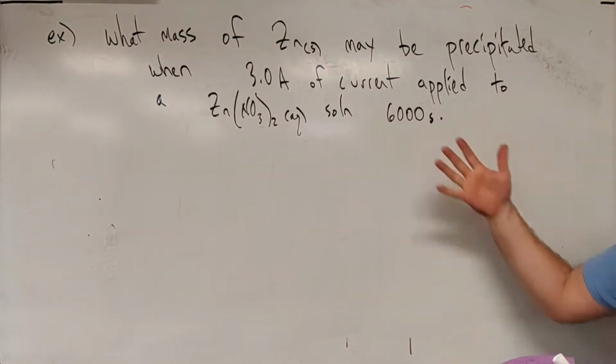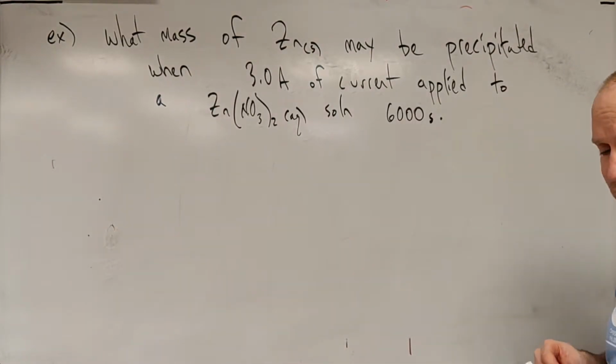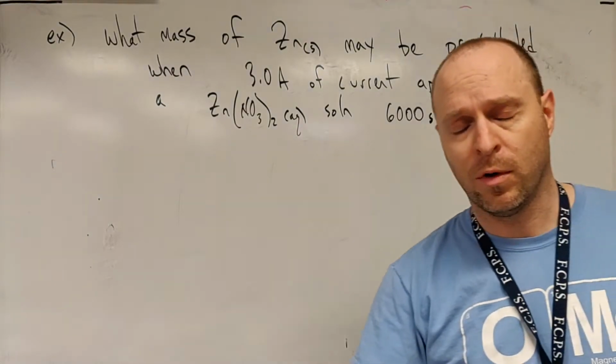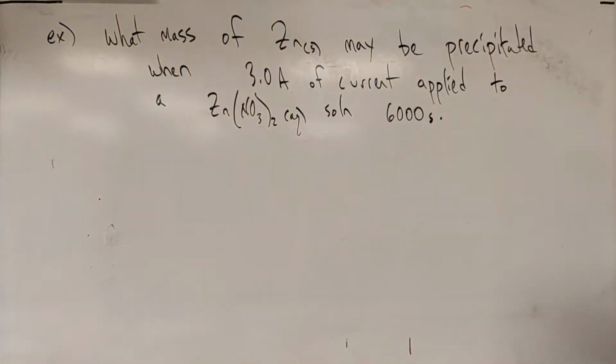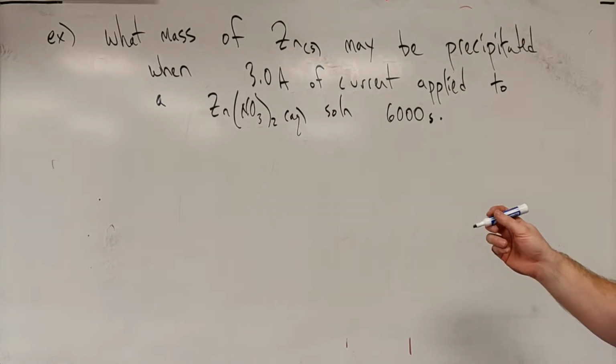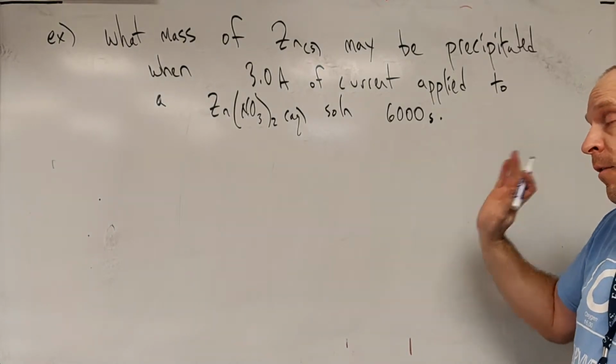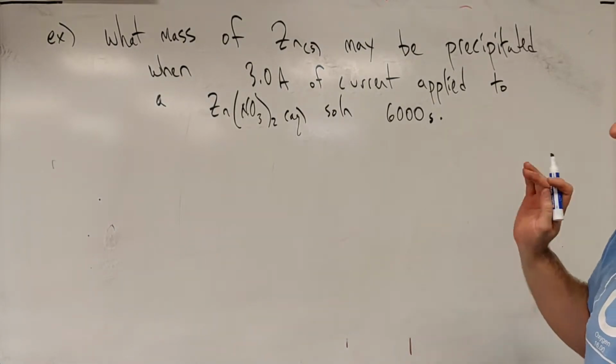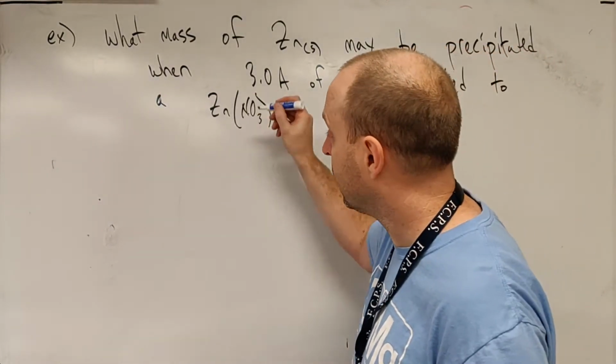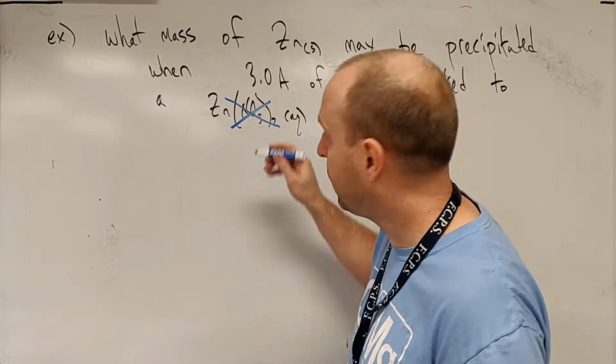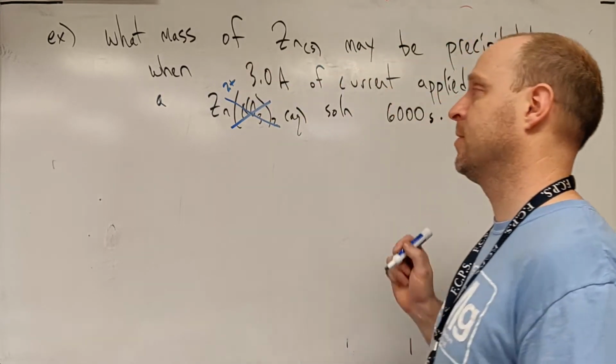I'm going to start out with an amount of time in seconds just to save that dimensional analysis step later. A few things we want to take note of, and I think this is a very, very important step that might get overlooked. Zinc. I'm not worried about the spectator. These are zinc ions in solution.